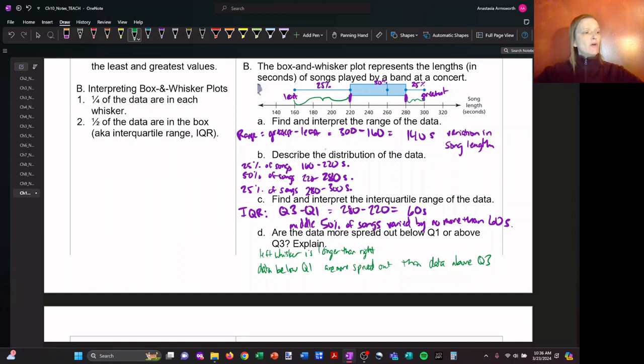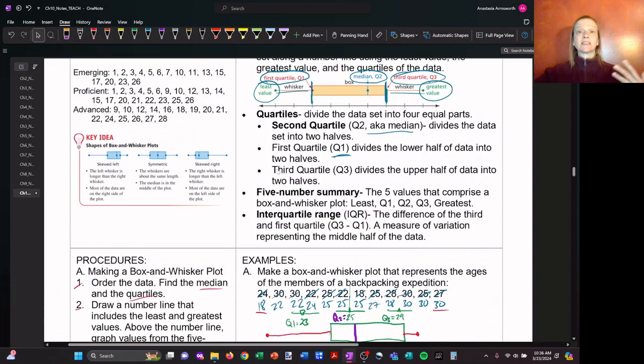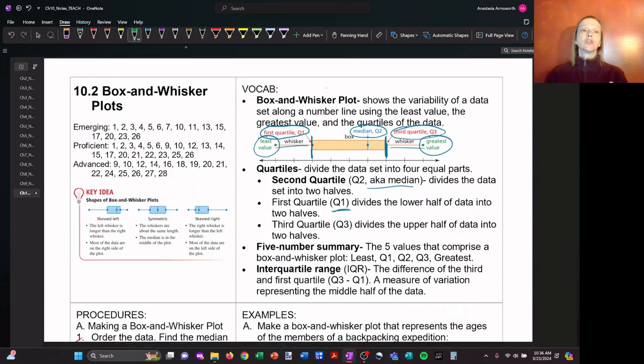Before we move on, the next question is going to ask us to kind of compare shapes. So let's look at this key idea here first. You can have symmetric box and whisker plots, which are approximately balanced on each side, where the whiskers are about the same length and the median is kind of in the middle of the box. Then you can have skewed left data.